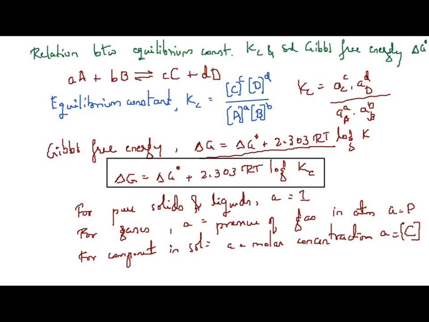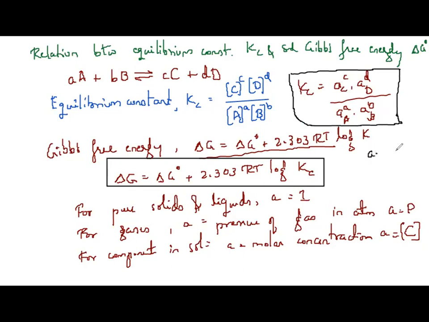So here Kc is written in this format. We have come across another form where A represents the activity of reactants and products. So for solids and liquids, A is 1. For gases, we take partial pressure. For components in solution, we take molar concentrations.